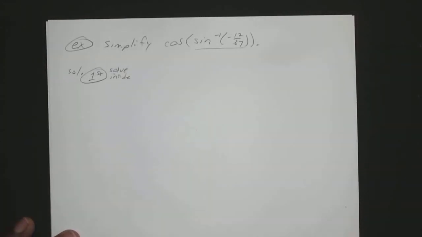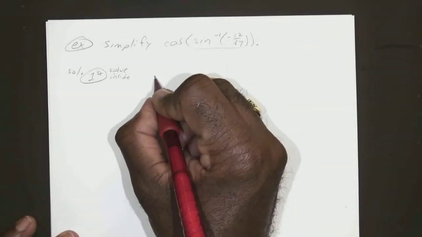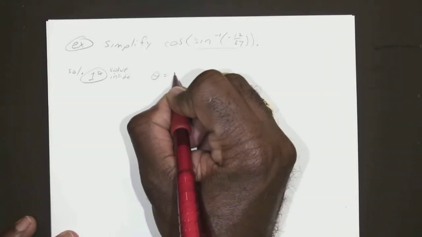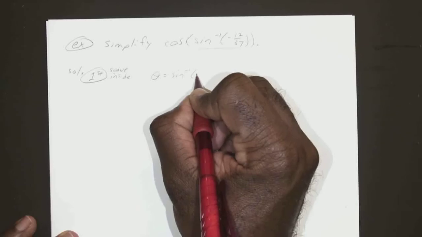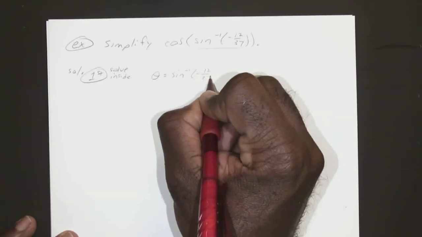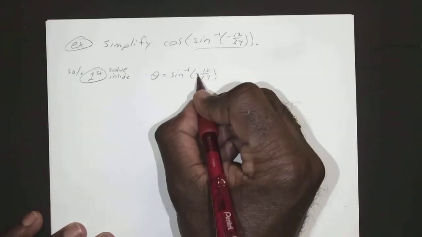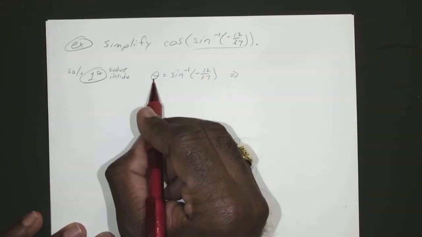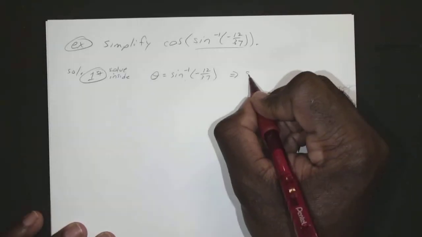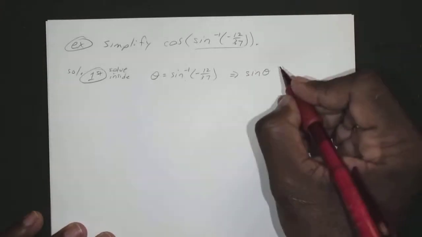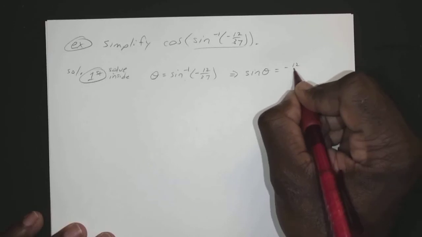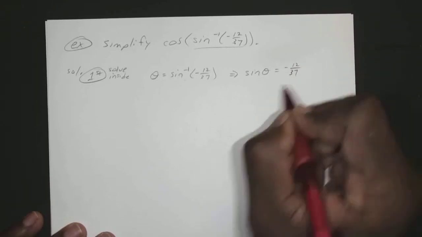Instead of y, I'll use theta. So we'll let theta equal sine inverse of negative 12 over 37. That means if you apply sine to both sides, you have sine of theta equals negative 12 over 37.